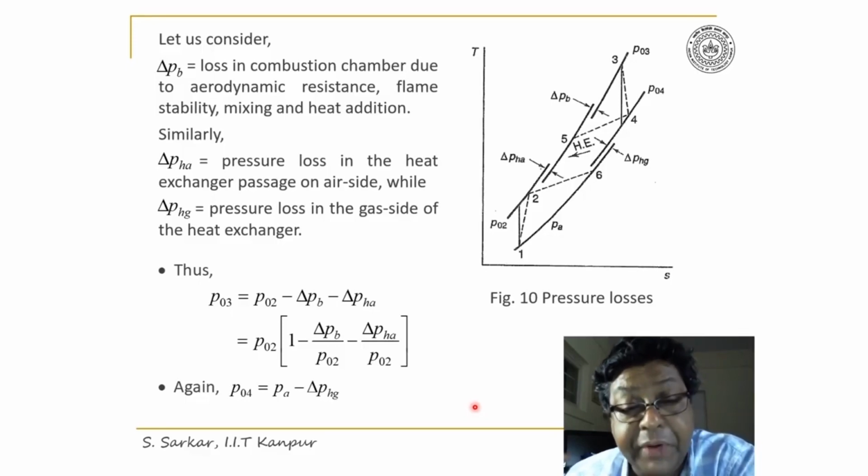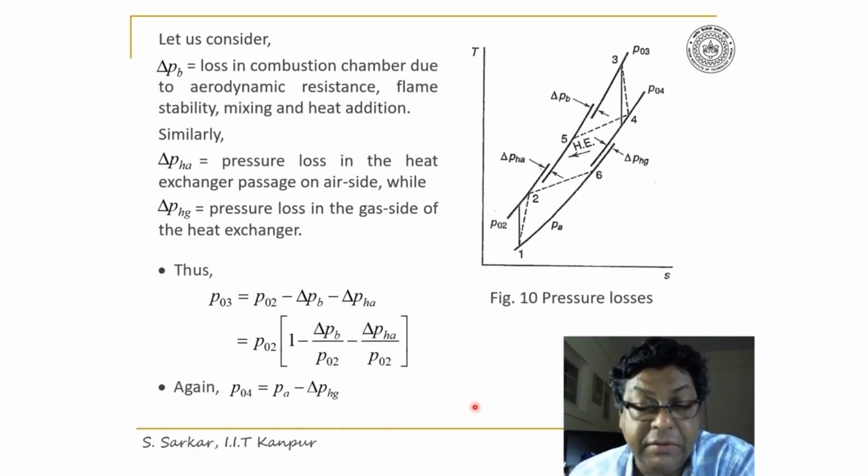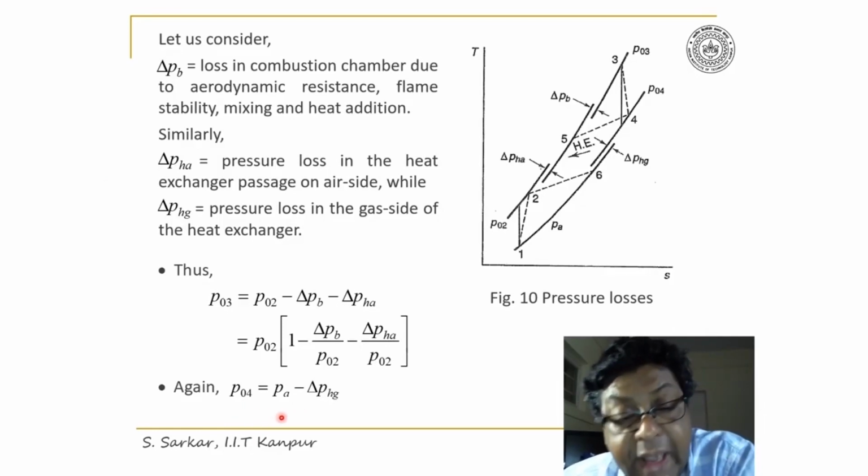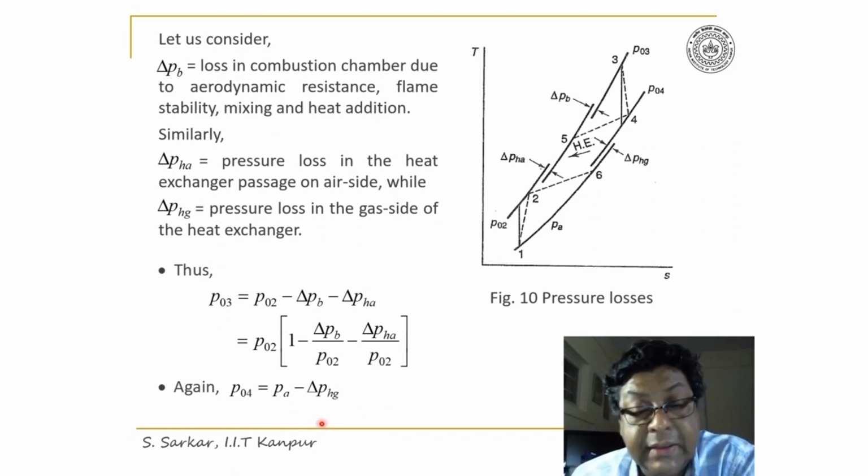Again, I am telling the pressure at the entry of the turbine will be less than the exit of the compressor because of losses in the combustion chamber and heat exchanger. Similarly, P04 is equal to PA minus del PAG.